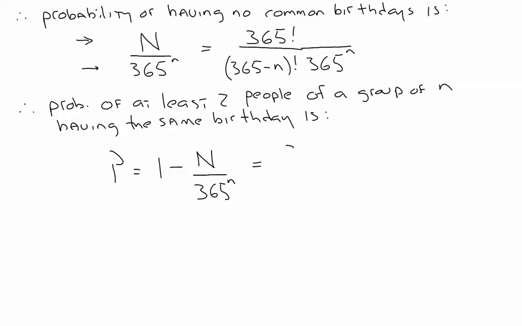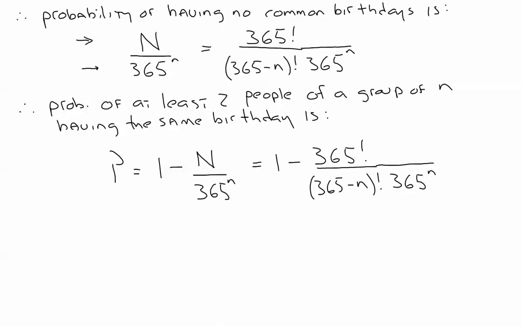And that is 1 minus 365 factorial divided by 365 minus n factorial times 365 raised to the nth power. That is our result.